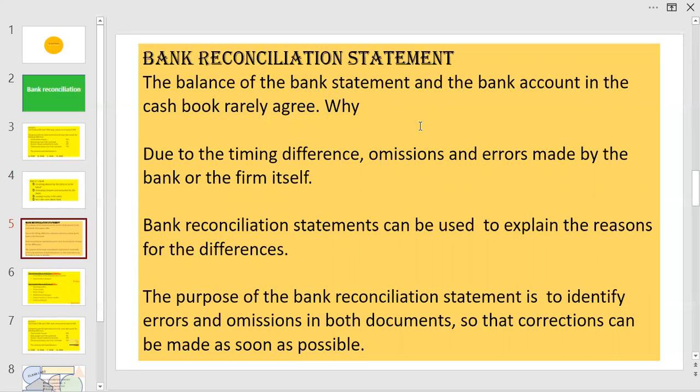But we have to distinctly understand, most of the time our account balance and the bank statement balance will not tally; they disagree. Why? Even if you have maintained the bank account 100% correctly, and the bank statement is also 100% correct, still there can be differences. It may not tally. These are attributed to two reasons.